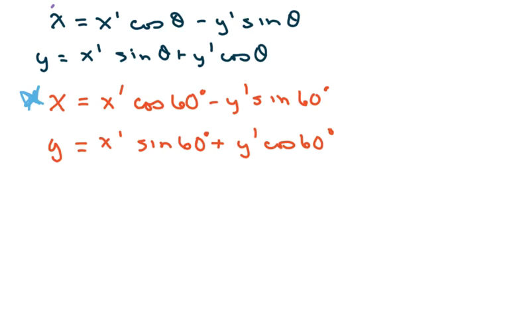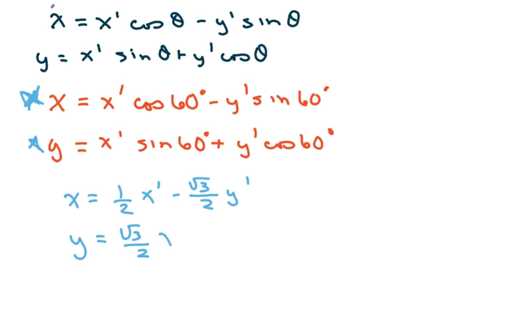And that's going to yield, for this one, star, we get x equals 1/2 x prime minus square root of 3 over 2 y prime. And for this one, we get y equals square root of 3 over 2 x prime plus 1/2 y prime.